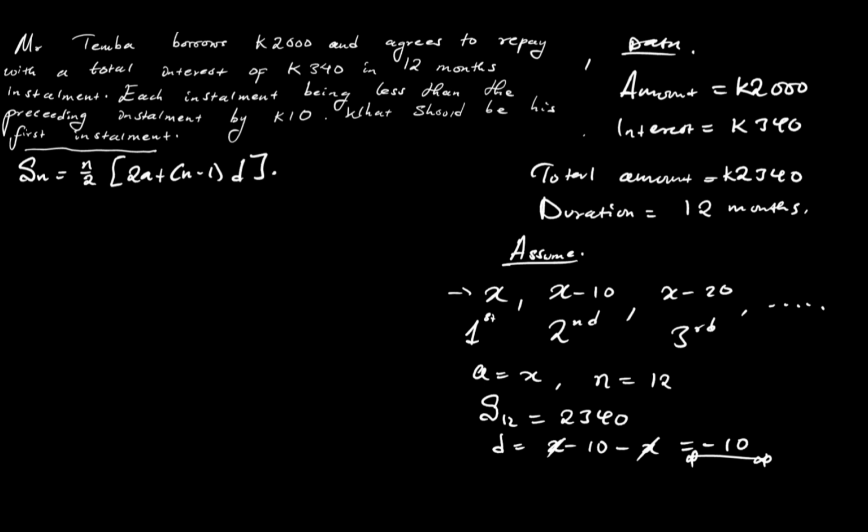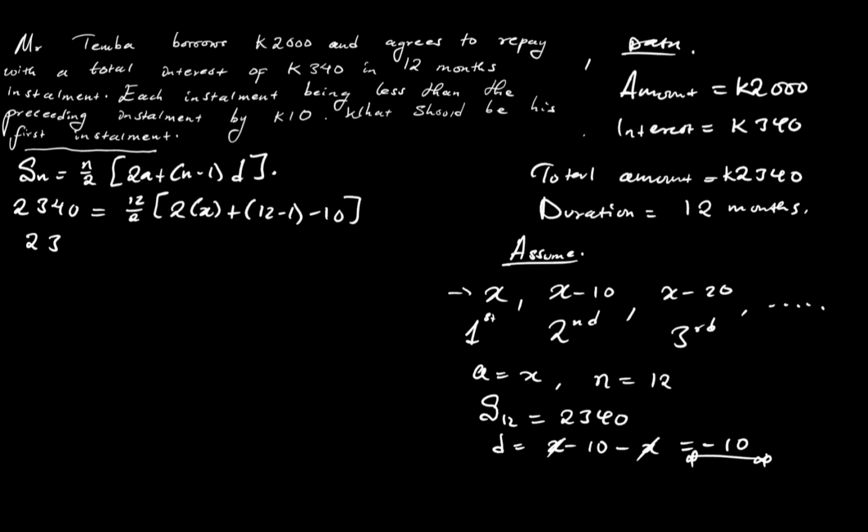All right, so we know that the sum of the duration in question, which is 12 months, is equivalent to 2,340. And we know that the duration is n. So we have 12 divided by 2. Then we have 2 times x plus 12 minus 1. Then we have a minus 10 there.